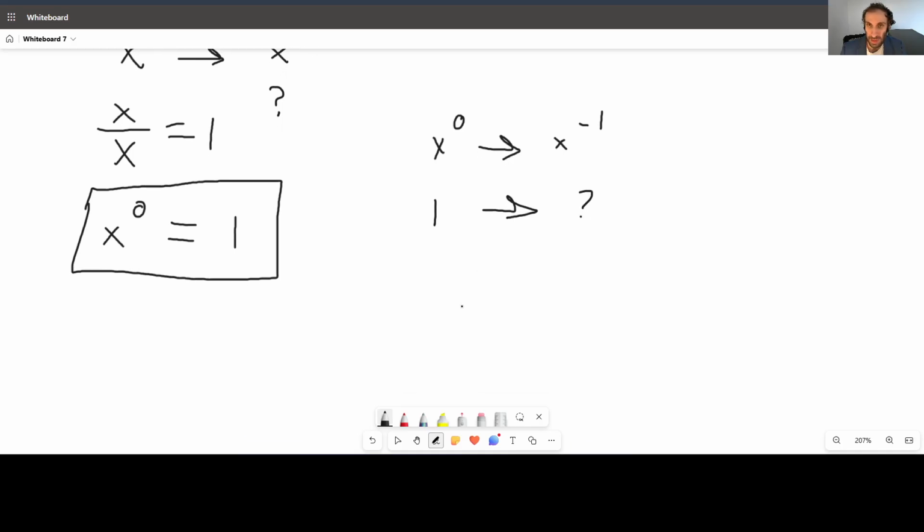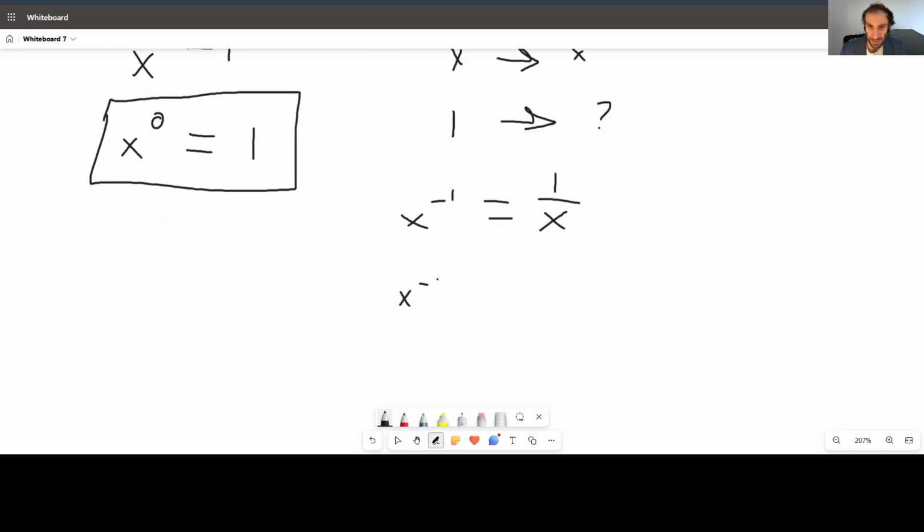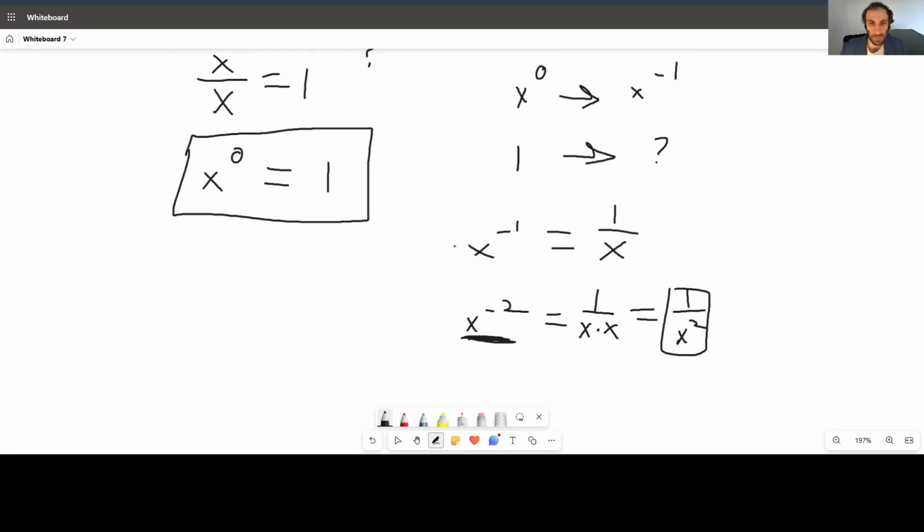So in that case, x to the negative 1 is equal to 1 over x. And similarly, x to the negative 2 power is equal to 1 over x times x, which means the same thing as 1 over x squared. So that's what that means here. But that was just for fun.